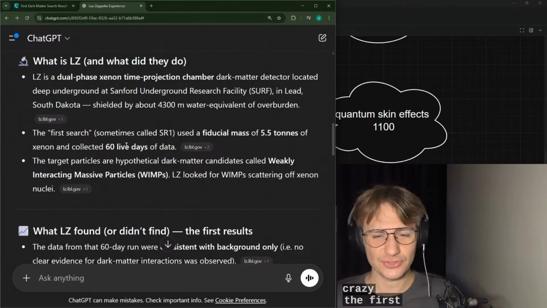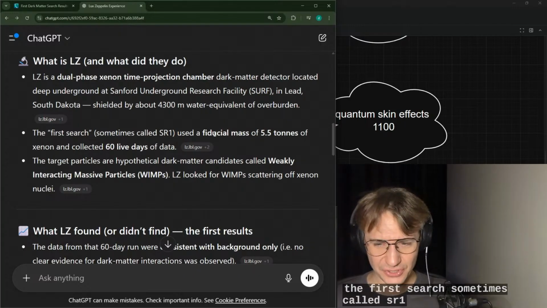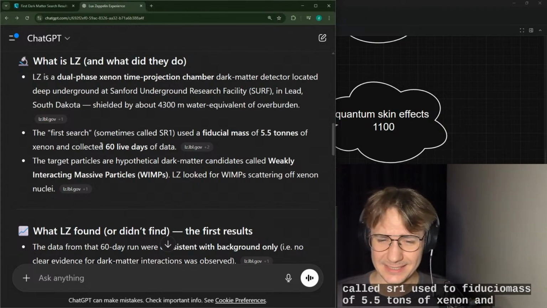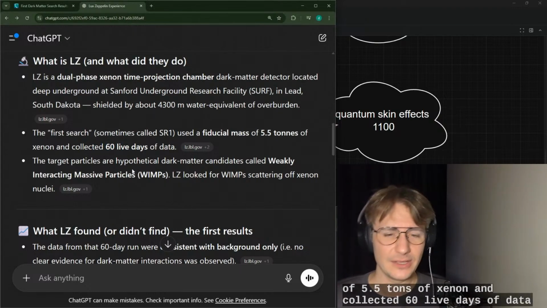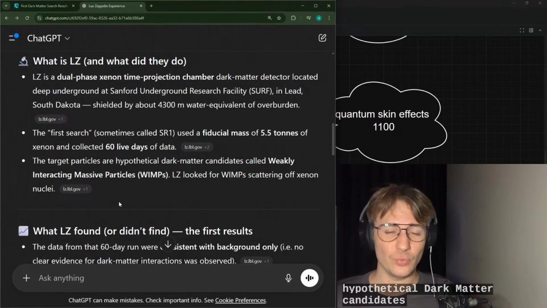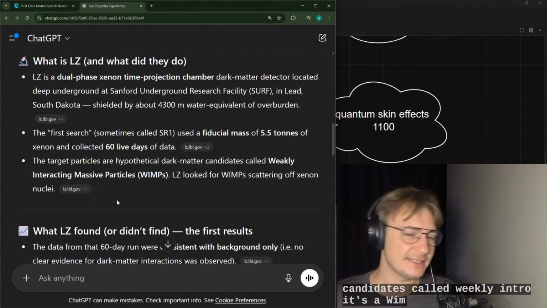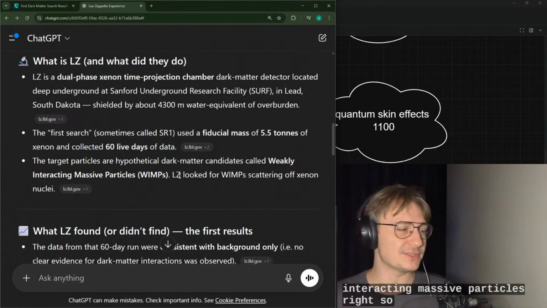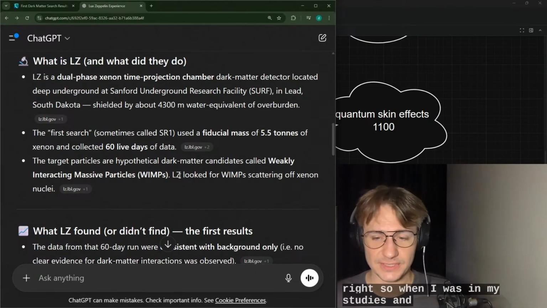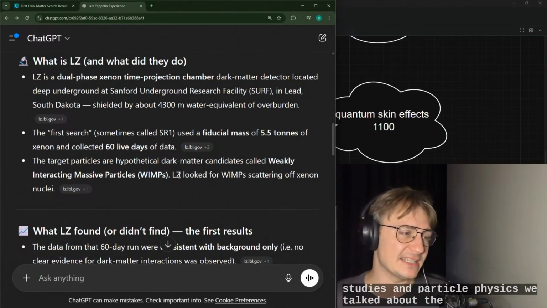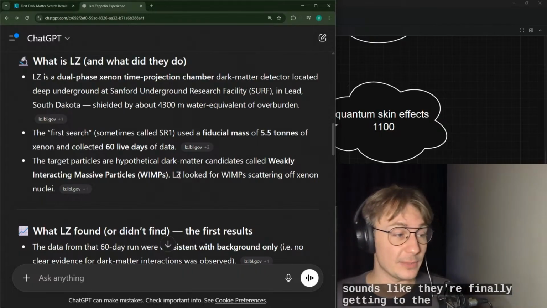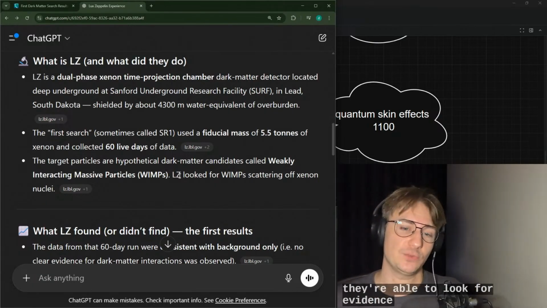The first search, sometimes called SR1, used a fiducial mass of 5.5 tons of xenon and collected 60 live days of data. The target particles are hypothetical dark matter candidates called, it's a WIMP search, I see. Weakly interacting massive particles. Right, so when I was in my studies in particle physics, we talked about the WIMPs as highly theoretical models. It sounds like they're finally getting to the stage where they're able to look for evidence of these WIMPs.